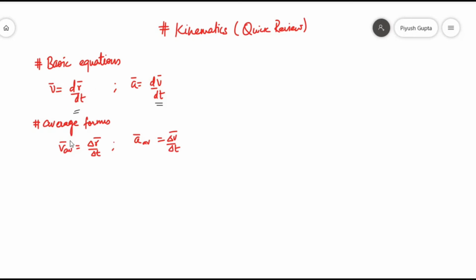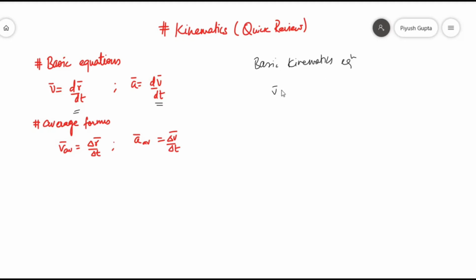And the average form is going to be average speed, which instead of change in position vector is going to be total distance traveled divided by total time. So let's see how we can use these equations to figure out the kinematic equations. I'll just write here our basic kinematics equations.